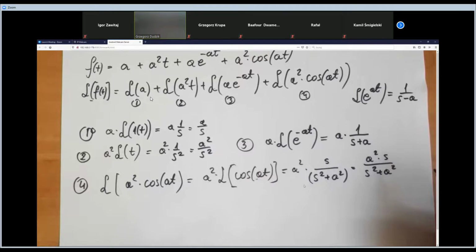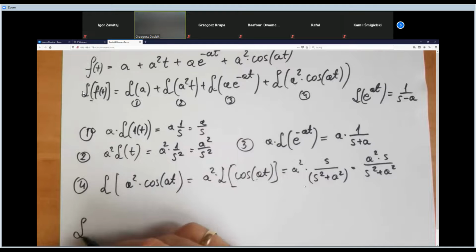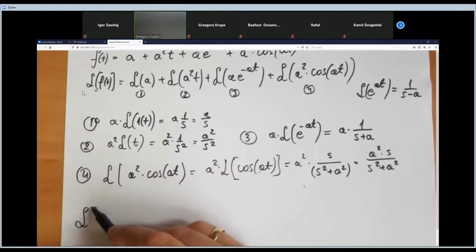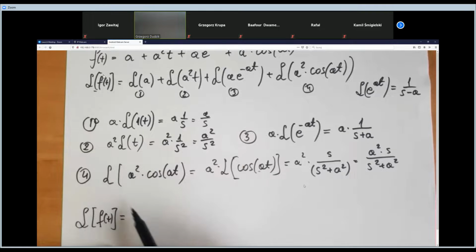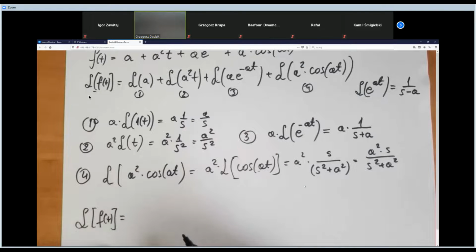All right, now that we have the Laplace transformation for each component, the total Laplace transform of the f(t) function will be equal to the sum of the Laplace transforms of each component.